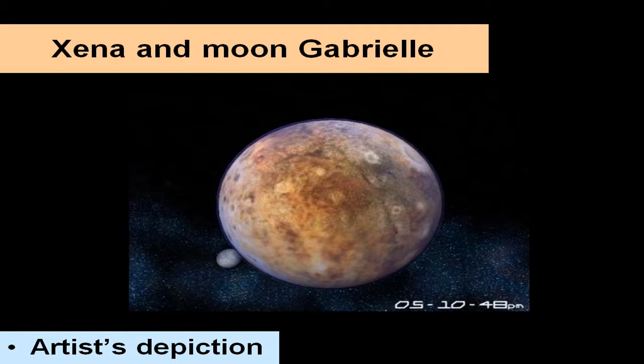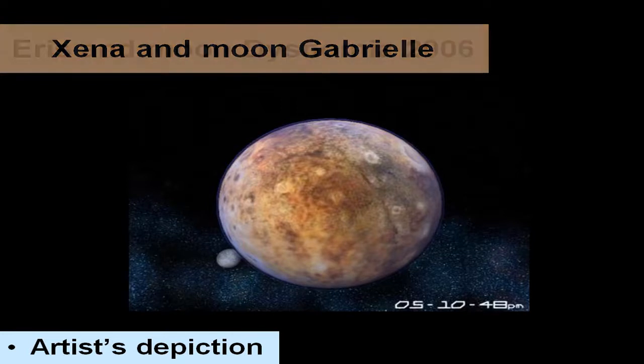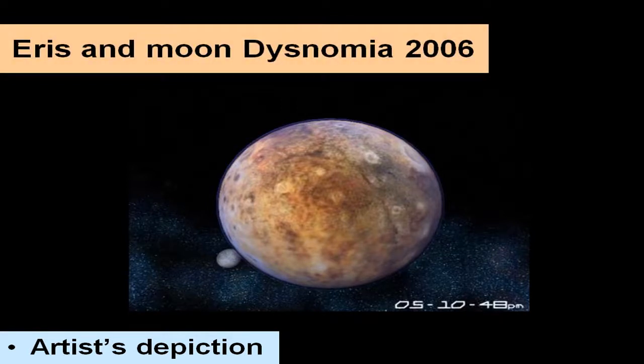Here's an artist's depiction of Xena and the moon Gabrielle. Actually, when Pluto was demoted to dwarf planet status, Xena and Gabrielle were renamed more technically, and now their names are Eris and the moon Dysnomia as of 2006.